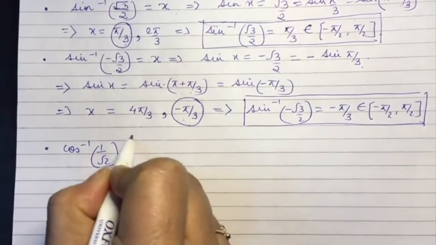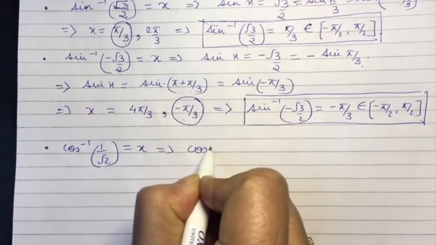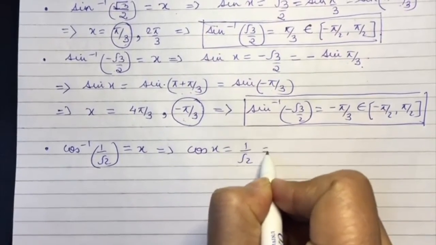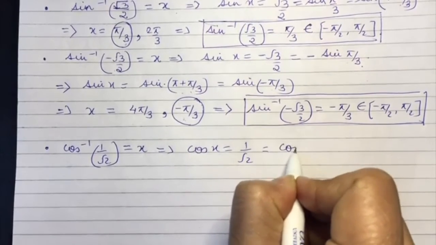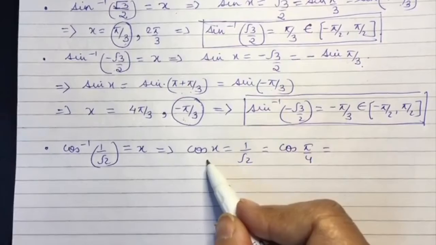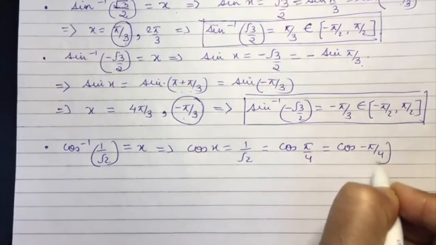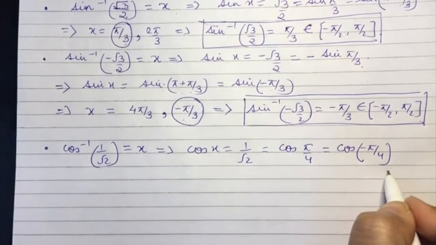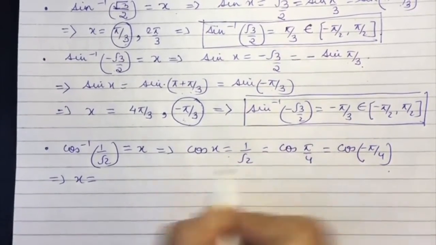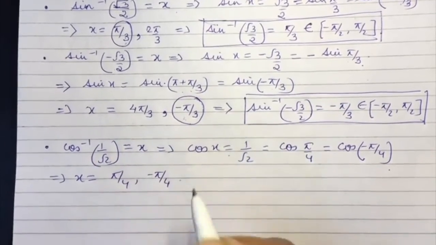In the same manner, equate it to x, which gives us cos of x is equal to 1 by root 2, which is equal to cos of pi by 4. Again, since cos is also positive in the fourth quadrant, it is also equal to cos of minus pi by 4. This gives us two values of x, which are pi by 4 and minus pi by 4.